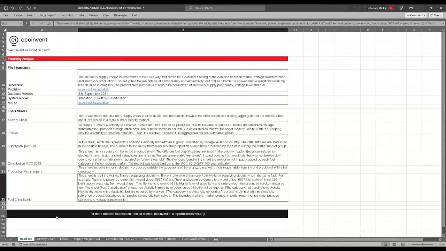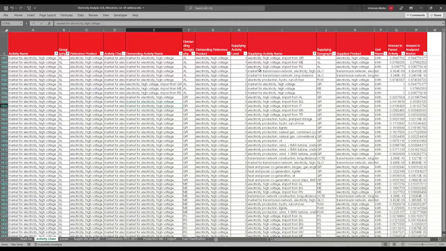So we will start with the first tab, called Activity Chain. This tab might appear a little bit overwhelming, but just bear with me and I will explain how it works. As many electricity markets have imports, it is not always apparent what the exact fuel mix of a country is.